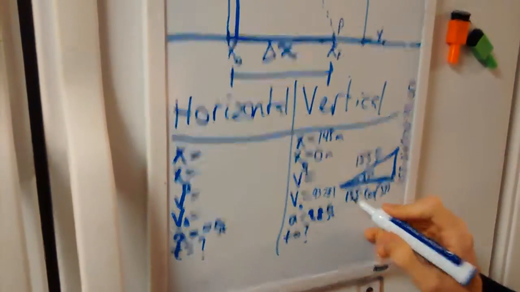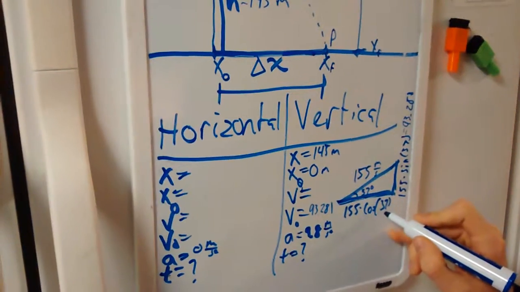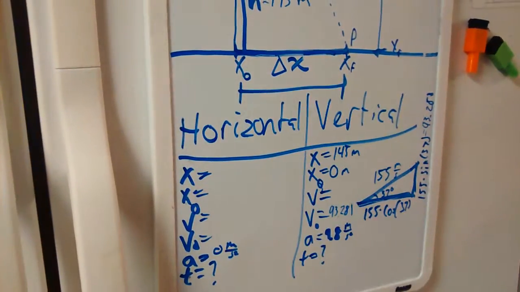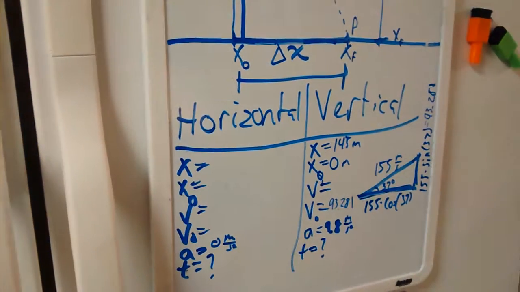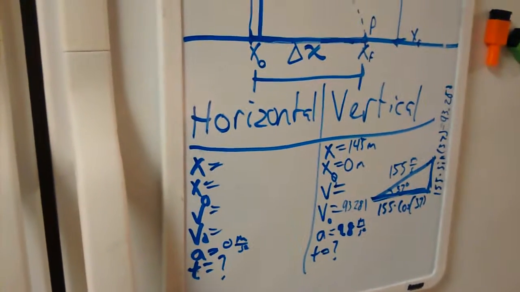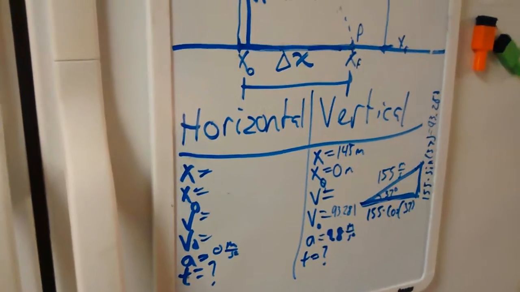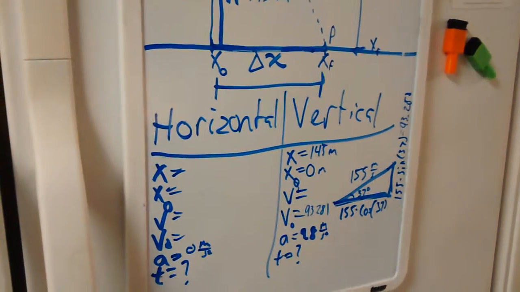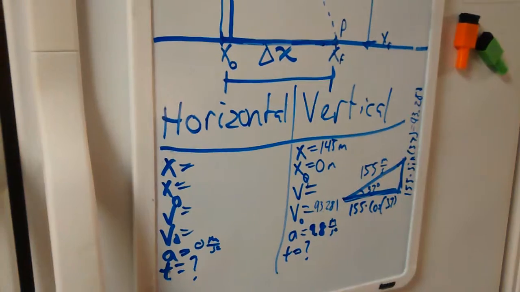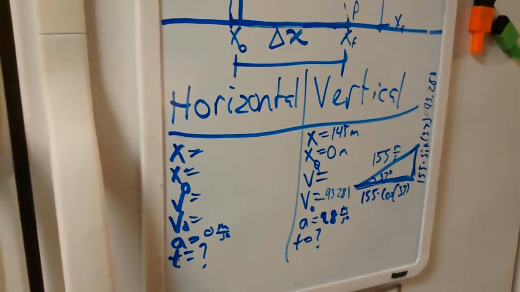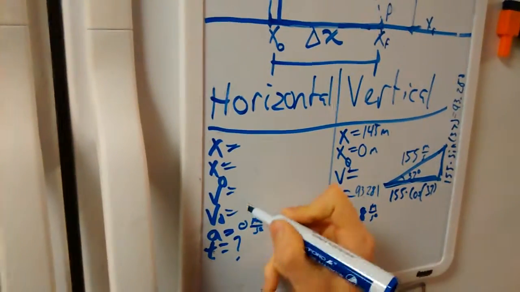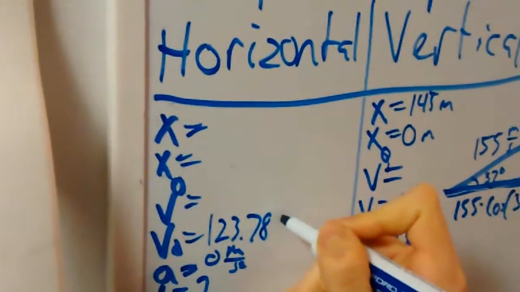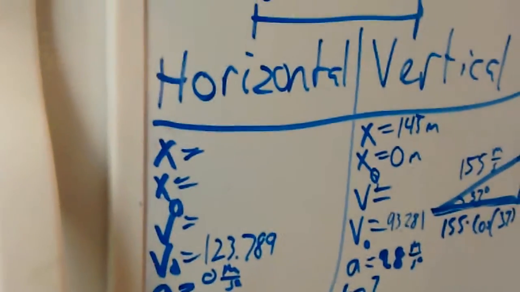Once we find this side, 155 times cosine 37 degrees, we would find the initial velocity horizontal. As soon as I enter it into my handy dandy calculator, we get a value of 123.789. And when we come back, we will finish off the problem.